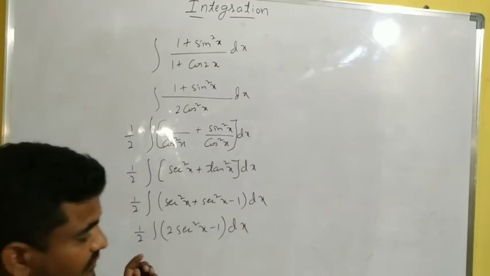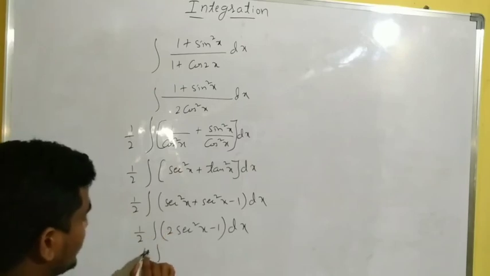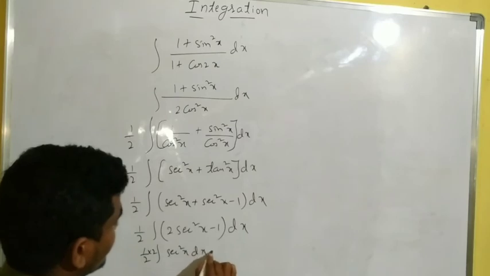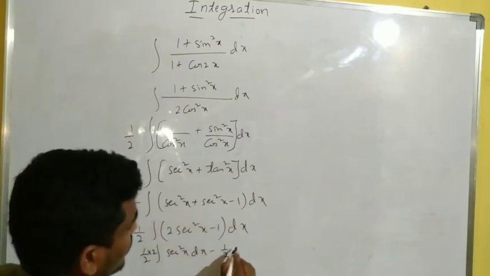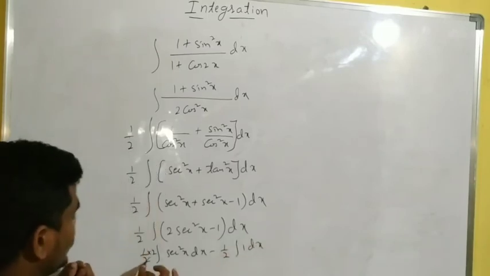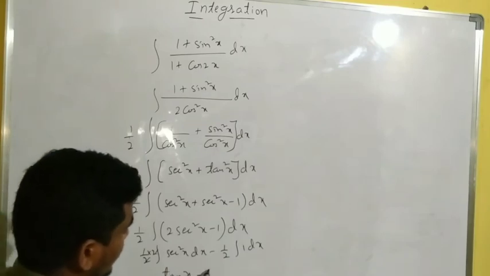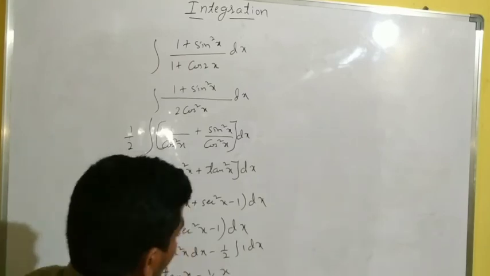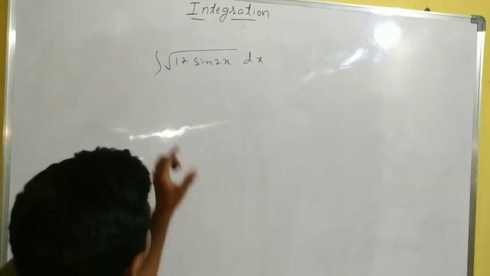Now taking individually, the 2 goes outside: integration of secant square x dx minus 1 by 2 integration of 1 dx, and the 2 gets cancelled. Integration of secant square x is tan x, minus 1 by 2 times x, plus c. So this is one of the important questions.